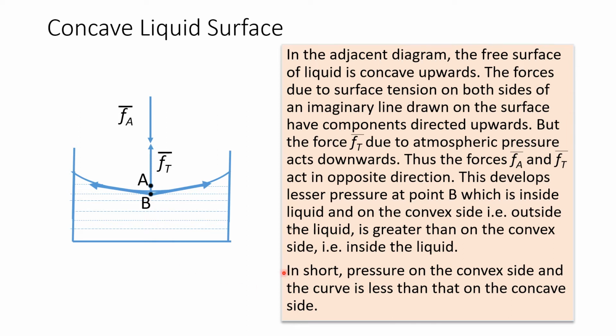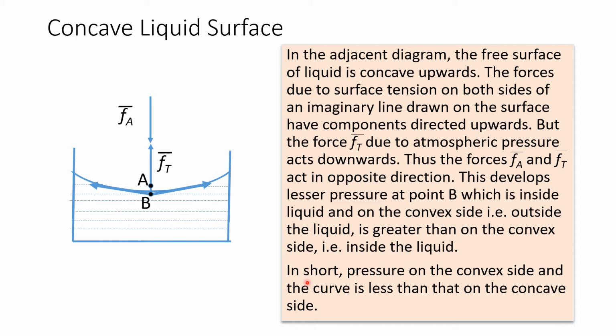In short, you should remember that the liquid surface, the meniscus, can be convex, concave, anything. But what you have to remember? You have to remember that pressure on the convex side of the curve is less than the pressure on the concave side. I will repeat again. You should remember this sentence.